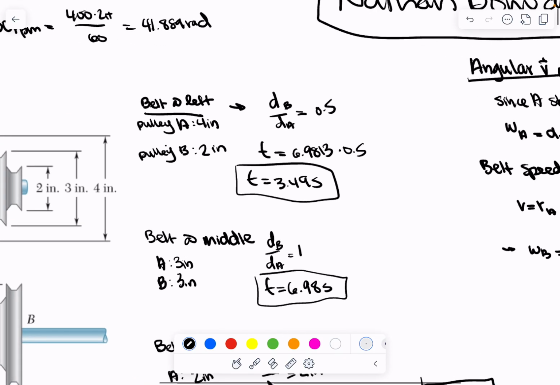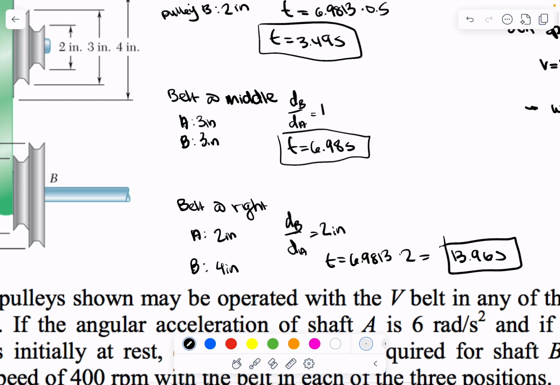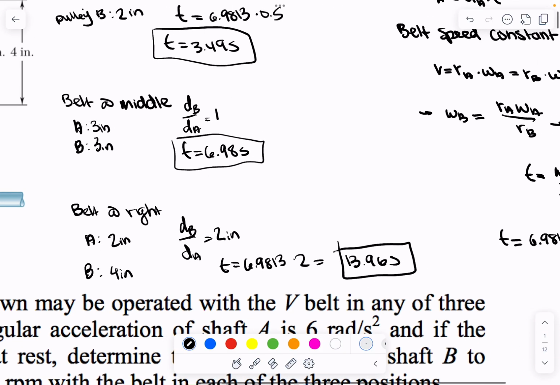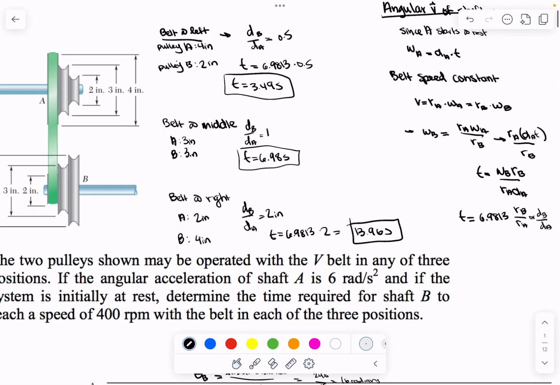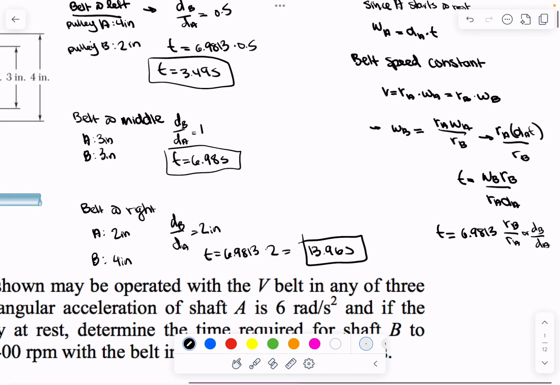So at belt at left, we have time is equal to 3.49 seconds. Belt in the middle, we have time is equal to 6.98 seconds. And belt at the right side, we have 13.96 seconds.